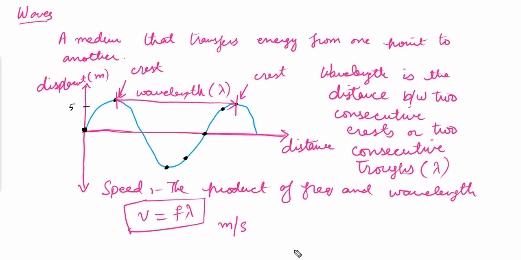Alright, now the next most important thing that we have to discuss is the phase difference. So in simple words, phase difference is the measure of how much a wave is in front or behind the other wave. So I'll write it here.